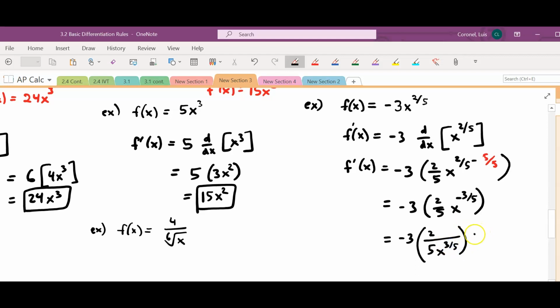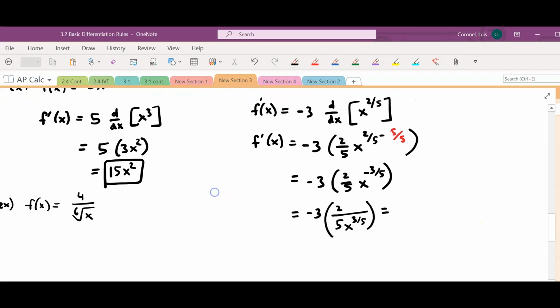There's a lot of little algebra things that we could do here. Alright, now we're going to multiply the numbers, the negative 3 and the 2. So you get negative 6. On the bottom we have a 5, but you also have x to the 3/5. Okay, so x to the power of 3 over 5.